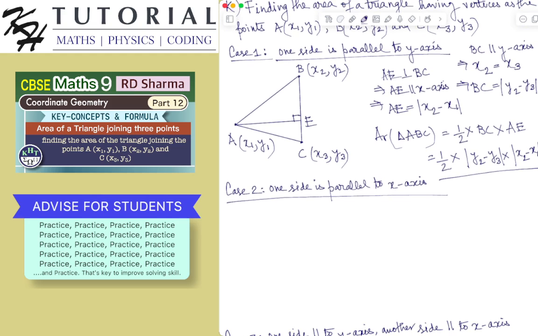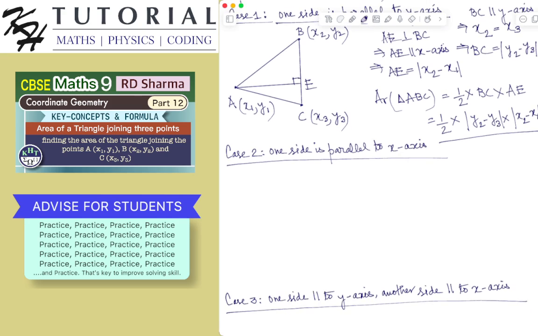Now case 2 is the case where one side is parallel to the x-axis. Let's say this is the side of the triangle formed parallel to the x-axis. This time I am considering the vertices A and B, where the side AB is parallel to the x-axis.